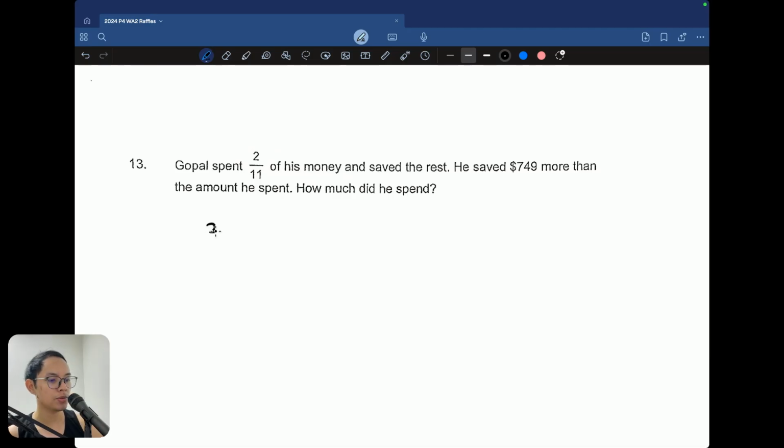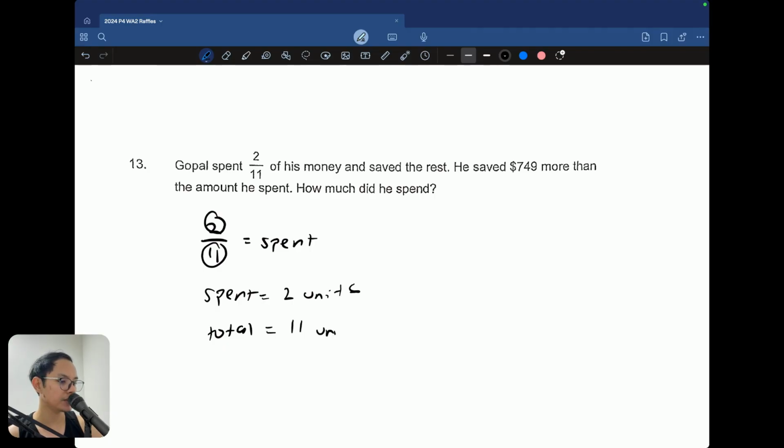So you know that 2 out of 11 is spent. So that means this 2 over here is spent, 2 units. Then what is the 11? The 11 is total money, 11 units.